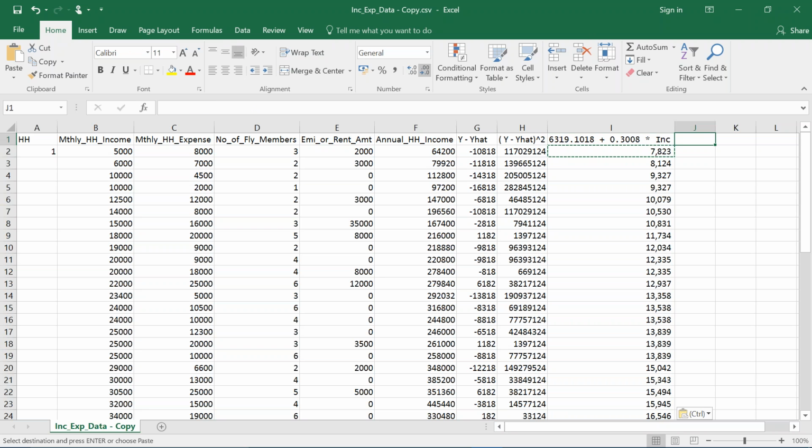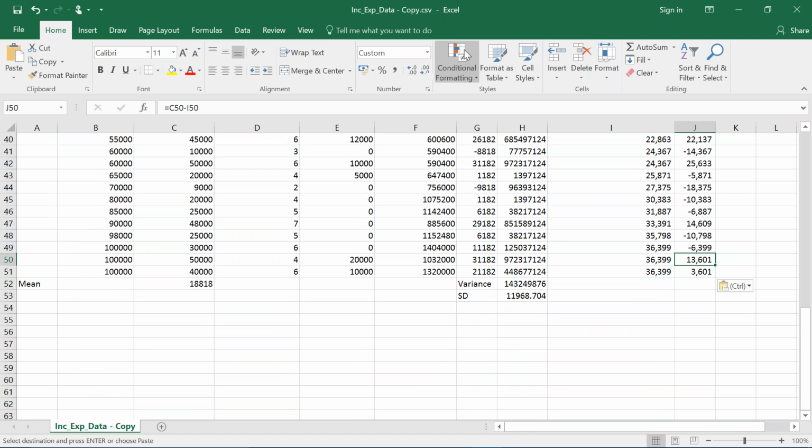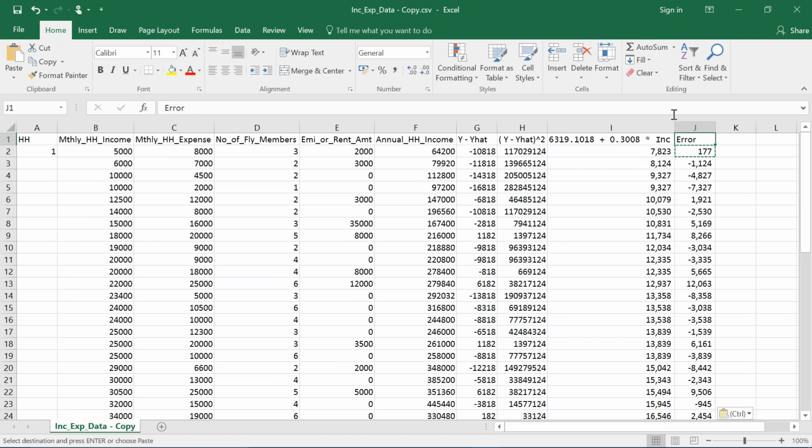So my error, I'll directly take the square term, or let me take error. So my error is this much. Can we see that?